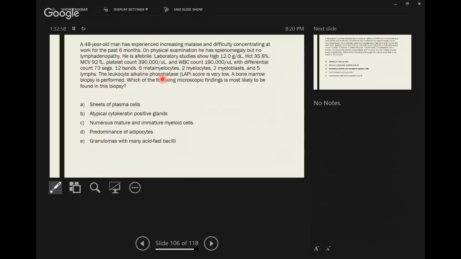And then you've got all these myelocytic cells. Don't care about the LAP. And what are you going to see in your biopsy?